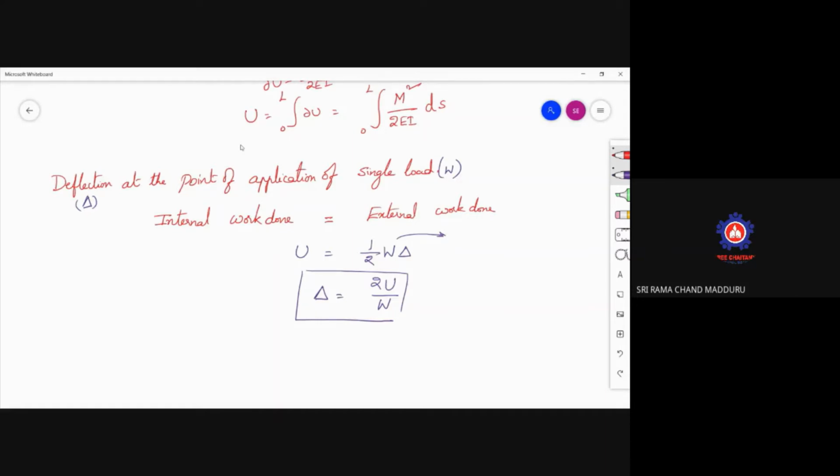Now, what is meant by U here? U is nothing but sigma P square L by 2. What is the meaning of this one? I will explain you. Don't get confused.